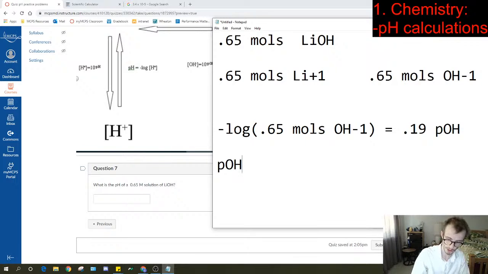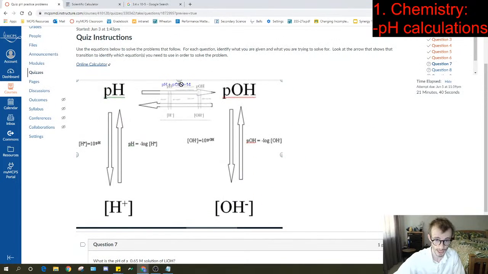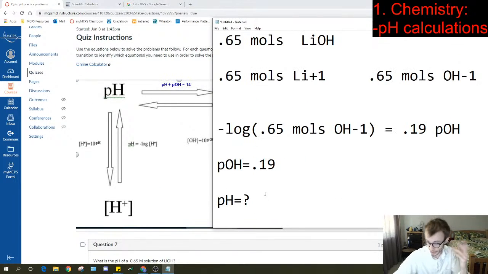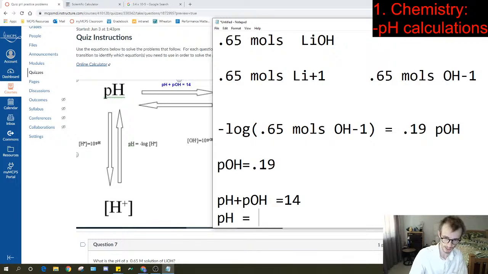So I got this pOH, it's great. My pOH equals 0.19. However, that's not what the problem asked me for. The problem asked me for the pH. So I have to use this other formula up here: pH plus pOH equals 14. Remember that magic number thing. If I want to find just the pH, algebra dictates that I should subtract.